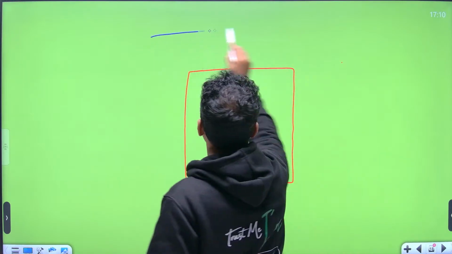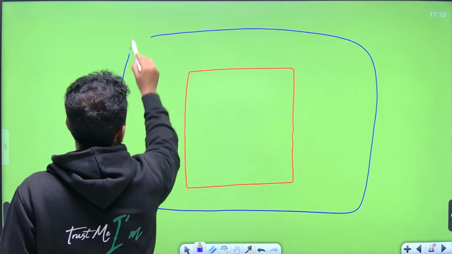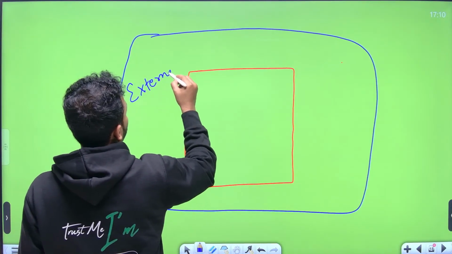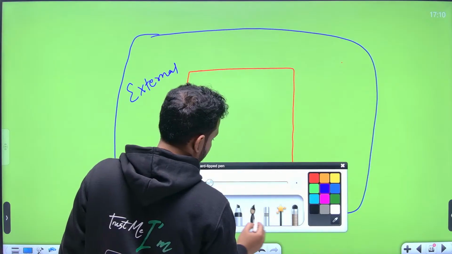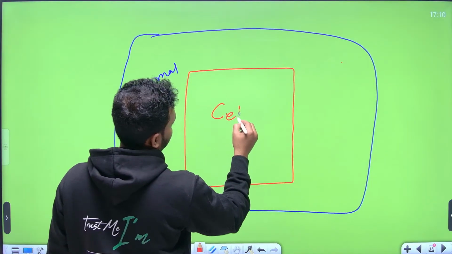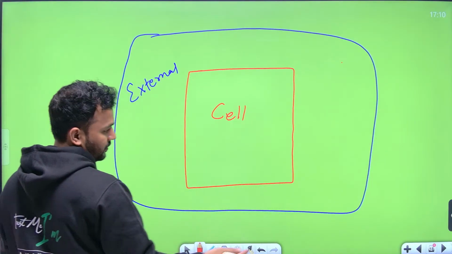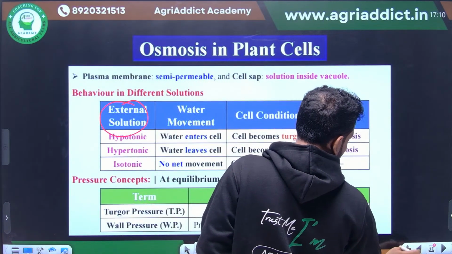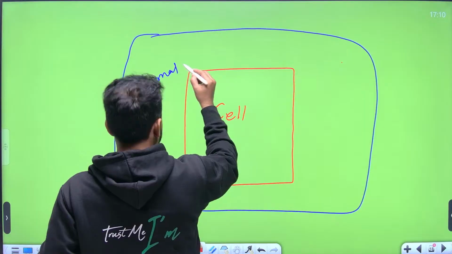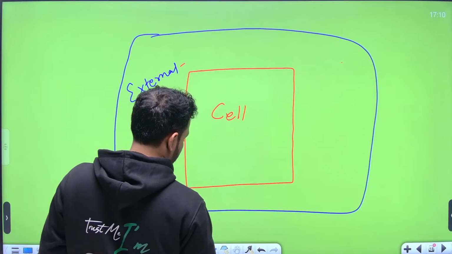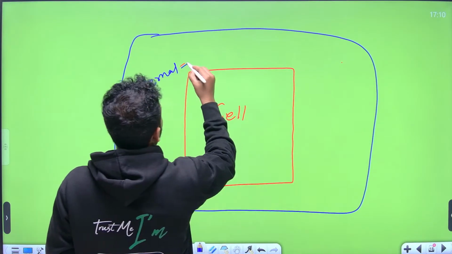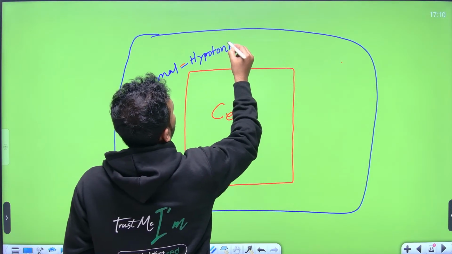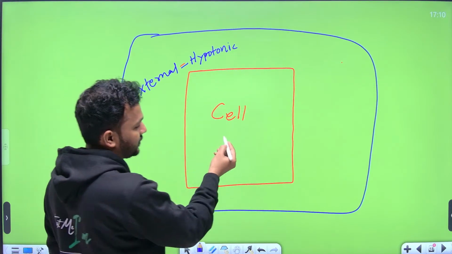The external environment is hypotonic, meaning low solute compared to the cell.